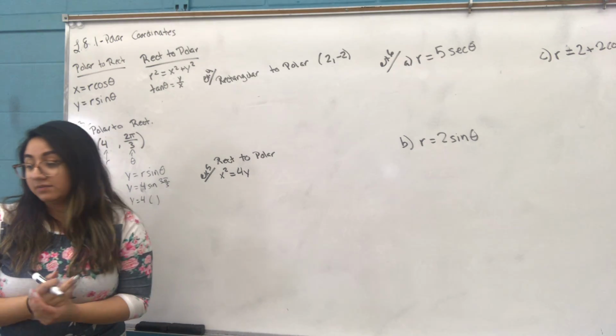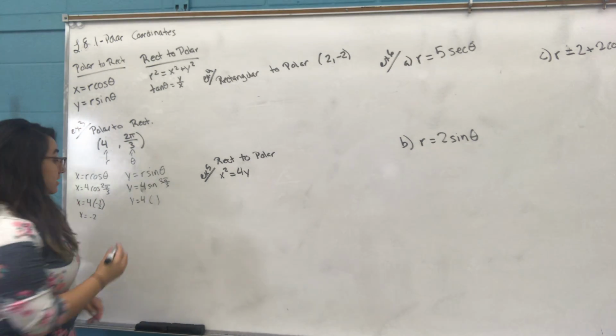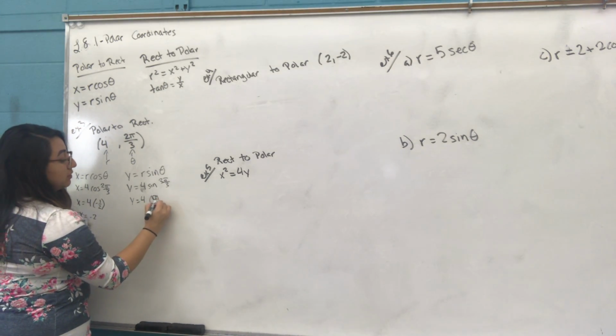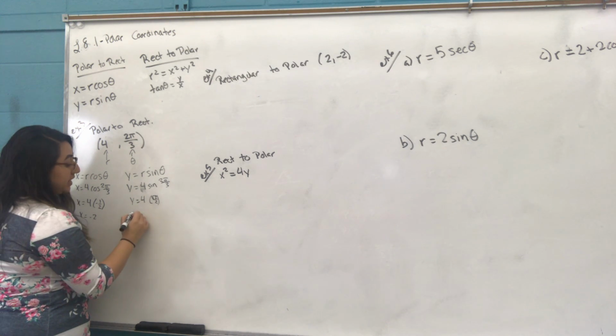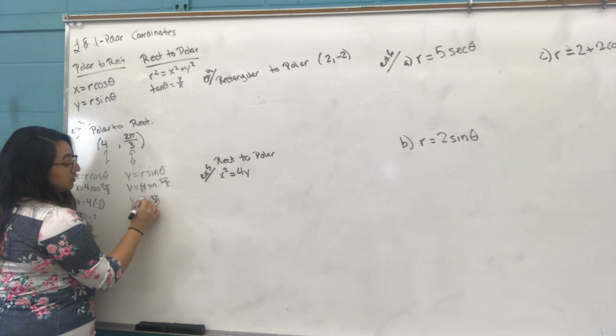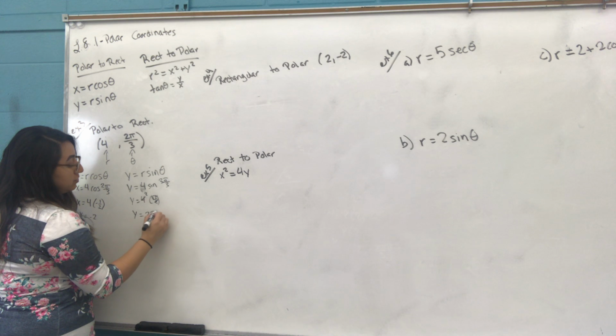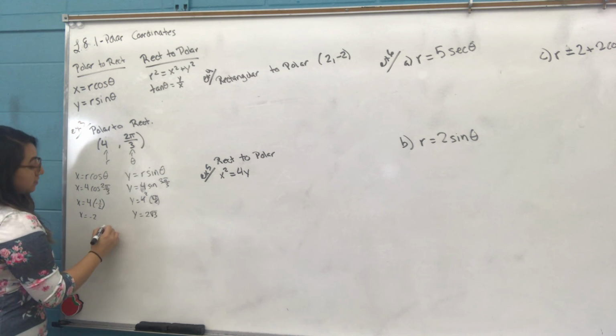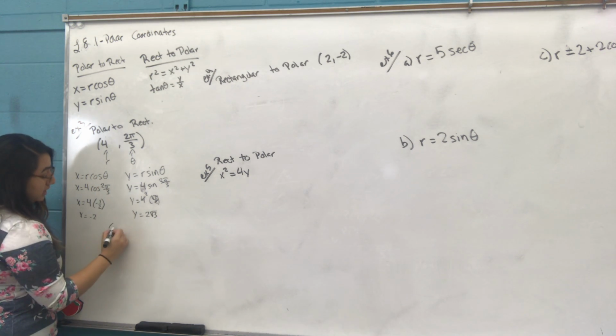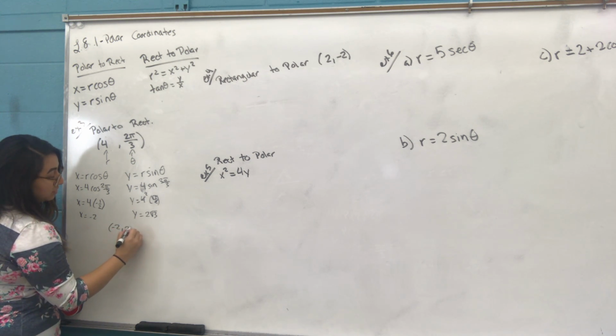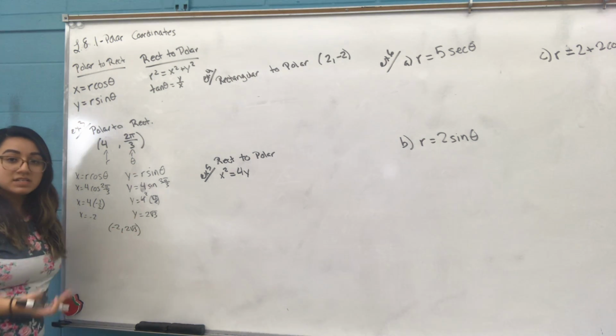It's the y coordinate for 120, and that is radical 3 over 2. And then you simplify it. So 2 can go into 4 twice. You get 2 radical 3. So your answer for this one is a coordinate, just one mark on the graph, which is negative 2, comma, 2 radical 3. Simple.